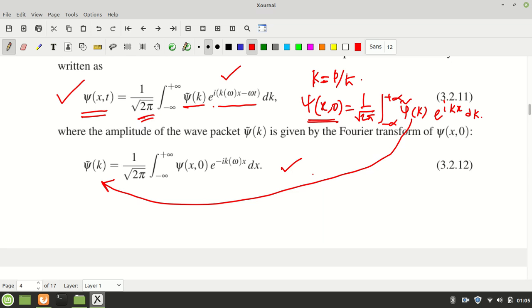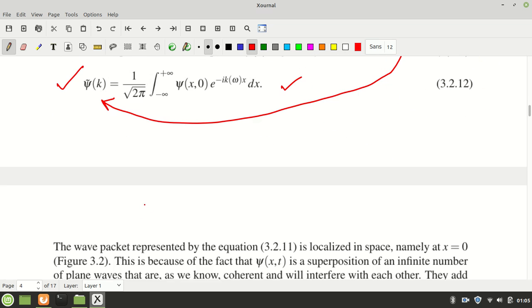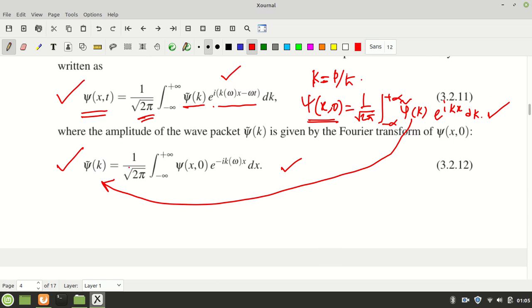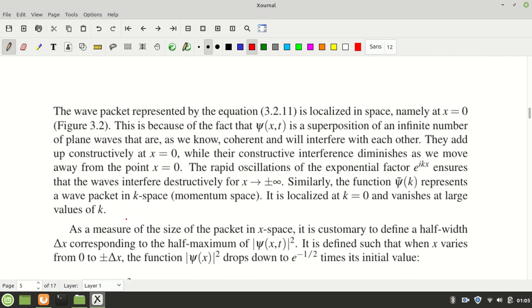So there are two representations: this is the position representation, and this one is the momentum representation of the wave function of the Schrodinger equation. If you take those two forms, that is psi(x,t) or psi(x,0) and psi tilde k, you can solve those problems.